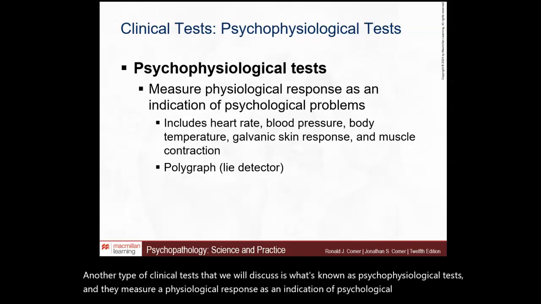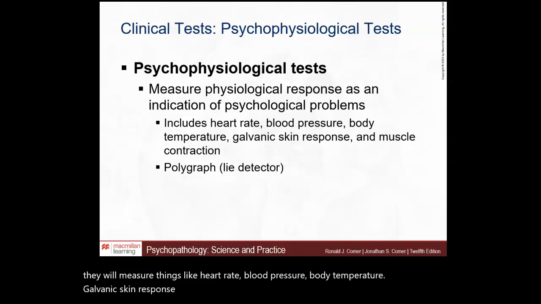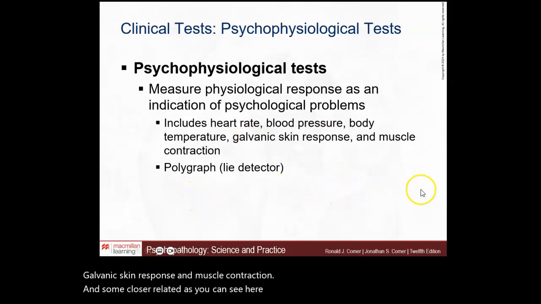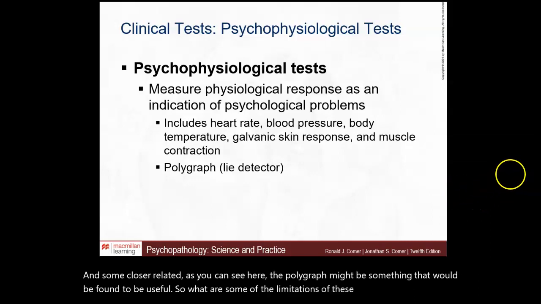So they will measure things like heart rate, blood pressure, body temperature, galvanic skin response, and muscle contraction. And some closely related, as you can see here, the polygraph might be something that would be found to be useful.